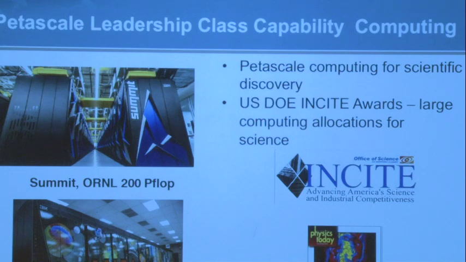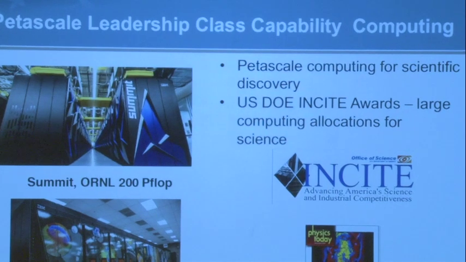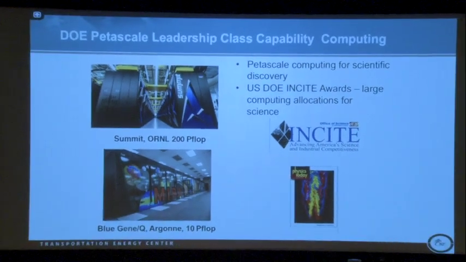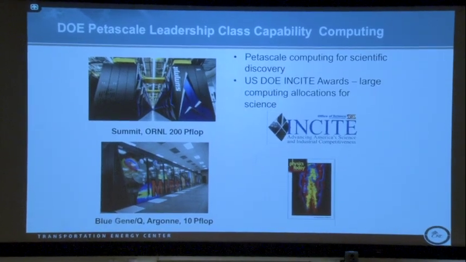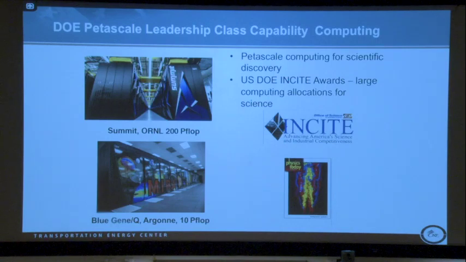As I said, the DOE and the US, at least under the Obama administration, developed this program called the National Strategic Computing Initiative. And DOE was a prominent agency as part of that initiative. And they've deployed machines for open science at both Oak Ridge as well as at Argonne.